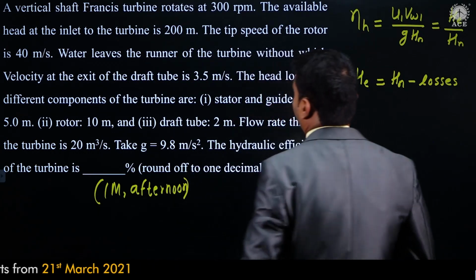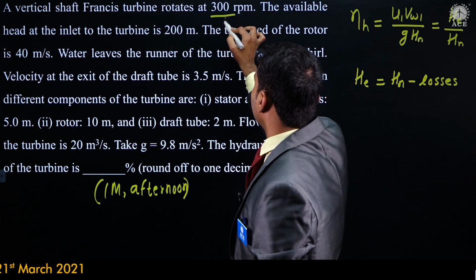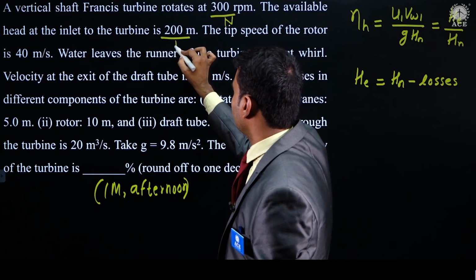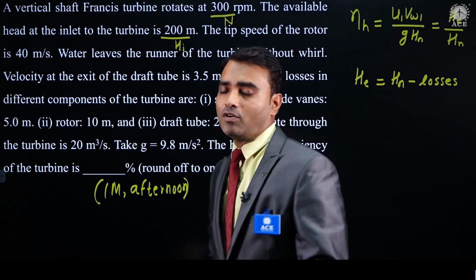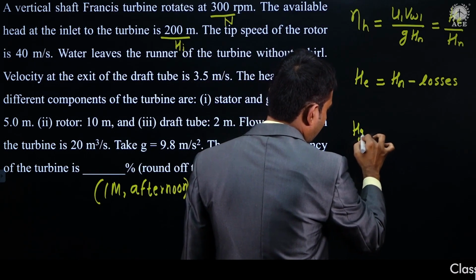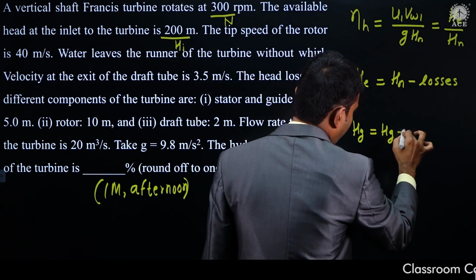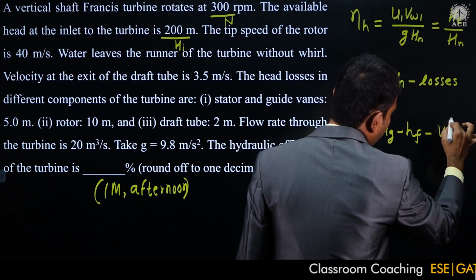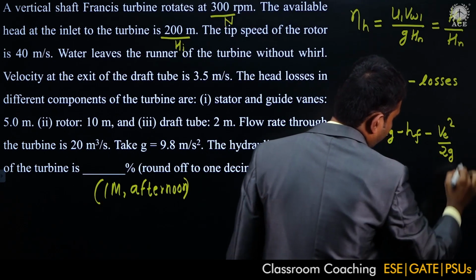Now let us understand the given data. Here this is N, which is useless. Head at the inlet of turbine. This is not net head. For reaction turbines, net head is defined as gross head minus Hf minus VE squared divided by 2G. Listen here.